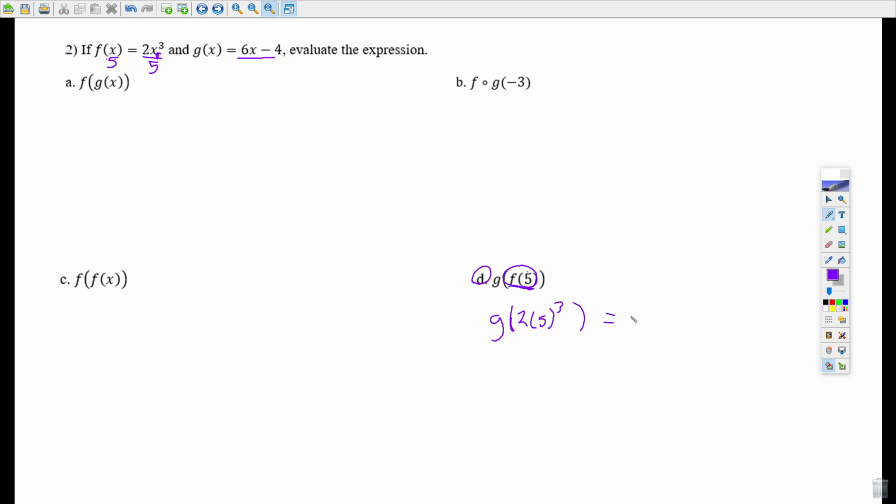The g of whatever, we need to get a number there first. So this would be 5 to the third times 2, right? So we have to do 5 to the third first, which happens to be 2 times 125. And we go a little further. We multiply the 2 times the 125 and get 250.